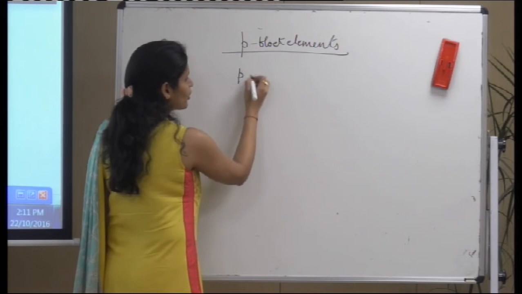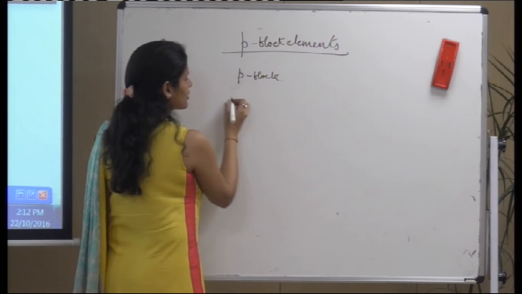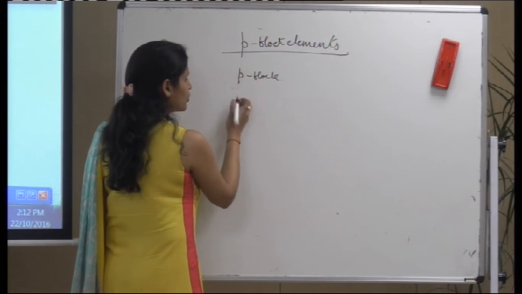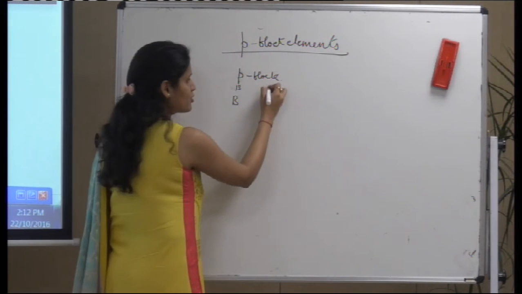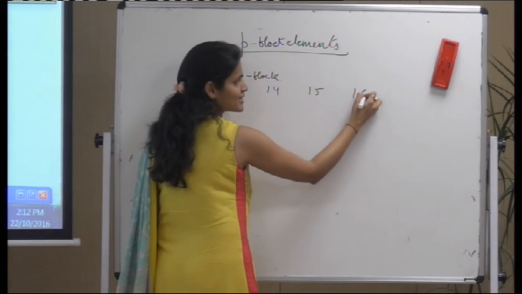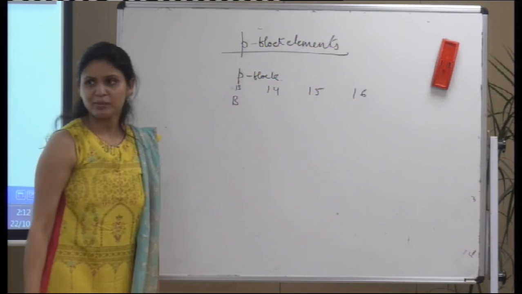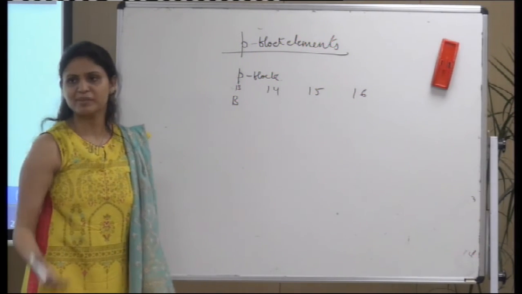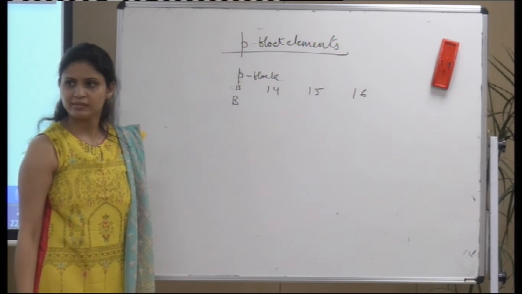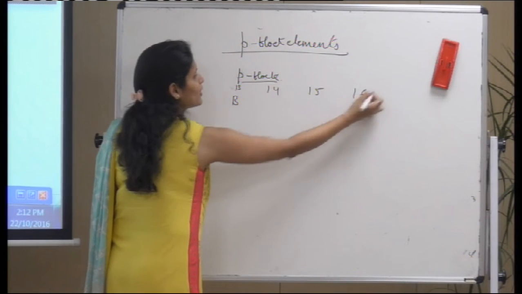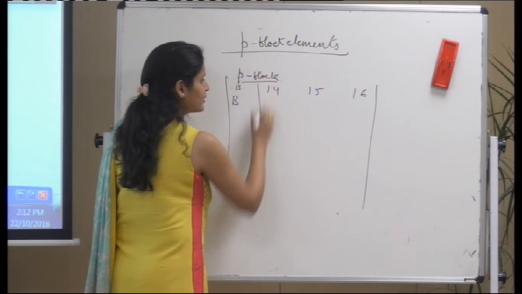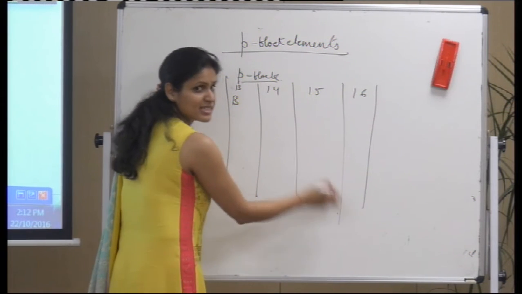What are the p block elements? Boron family, 13th group, 14th group, 15th group and 16th group. The 17th group is not included in the p block elements. This is a different family, the halogen family. So basically in the p block we have these groups, 13th, 14th, 15th and 16th.